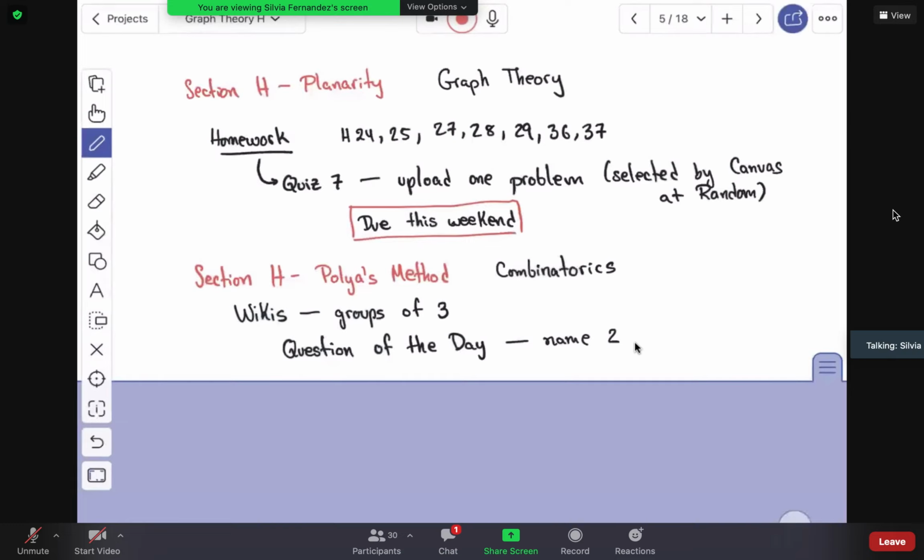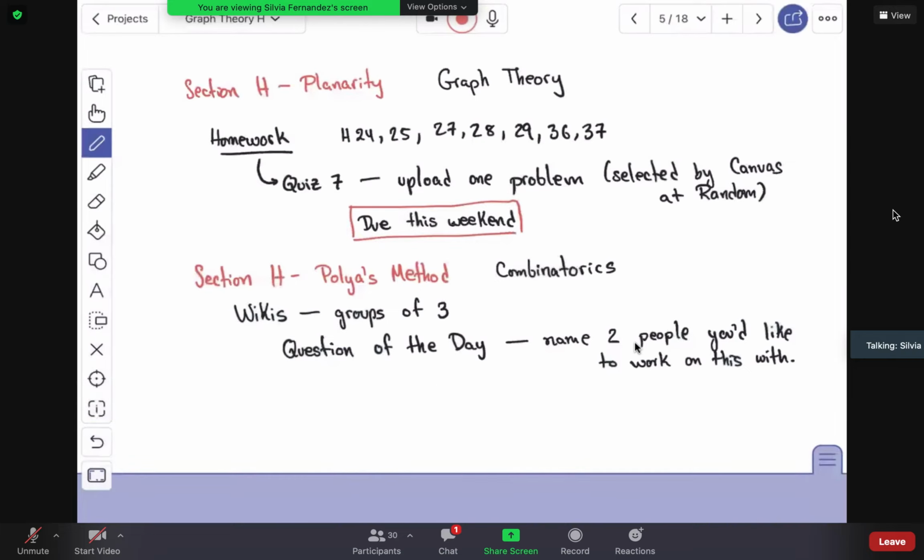So name two people you'd like to work with. Okay, so that's essentially it. Again, I even say in the question, if no preference, say no preference or something like that. So even if you don't have a preference, let me know, so you get the points and then I'll know. All right. So I'll set up the groups and I'll assign you a problem from that section.